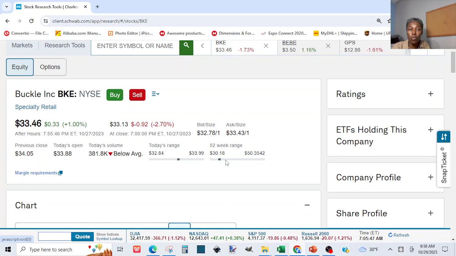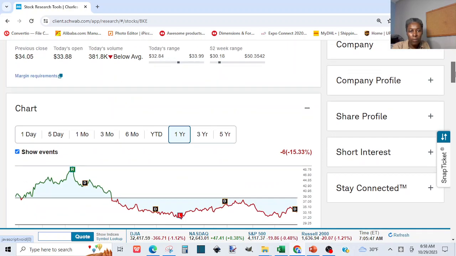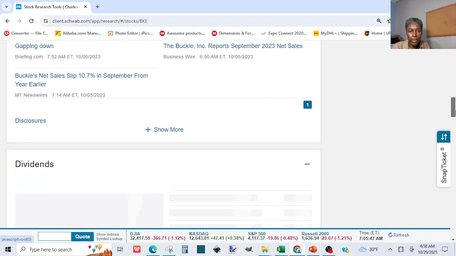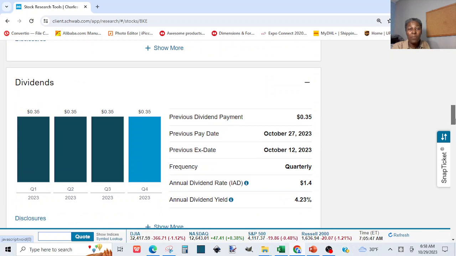So it's close to the lowest price of the 52 weeks range. So if it's a good company, after passing all our criteria, it is the right time to buy. So let's go to the dividend and take a look at it. It's paying 4.23%. So it better be an upward chart. And first month of the quarter.